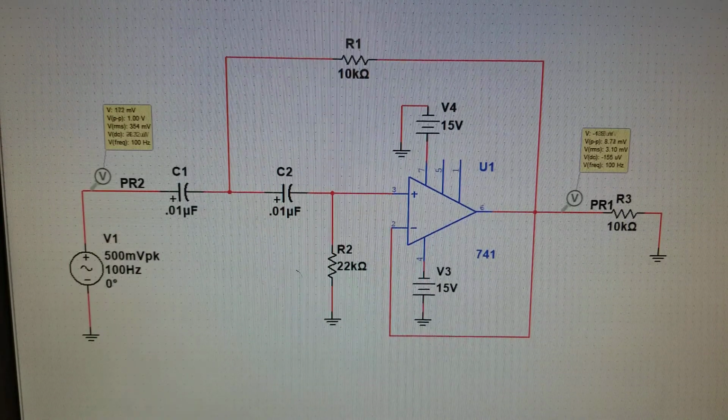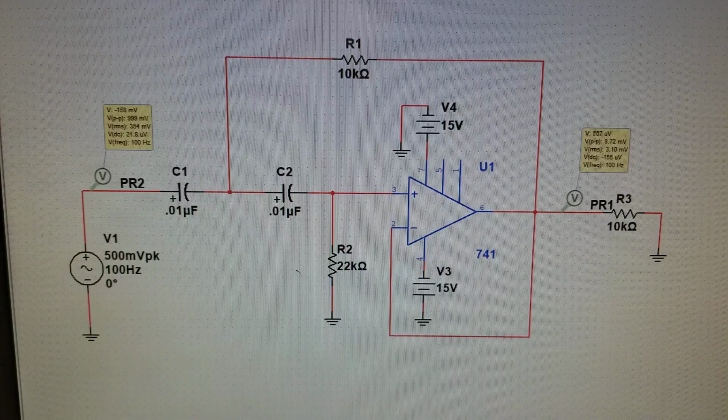So at 100 hertz, we ended up with a voltage gain in decibels as a negative number. So that's telling you that it's actually a loss, so that this lowest frequency is not getting through very well.